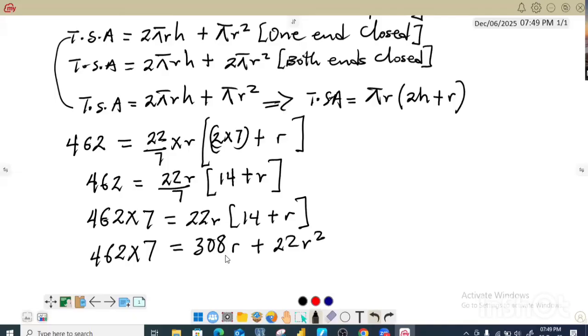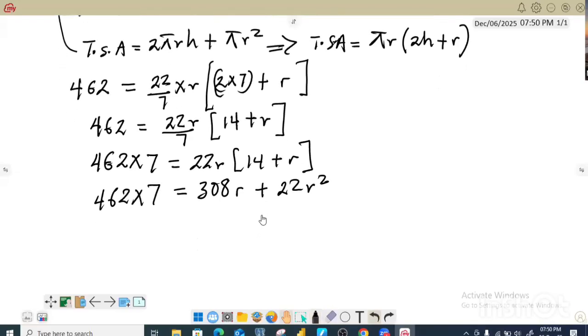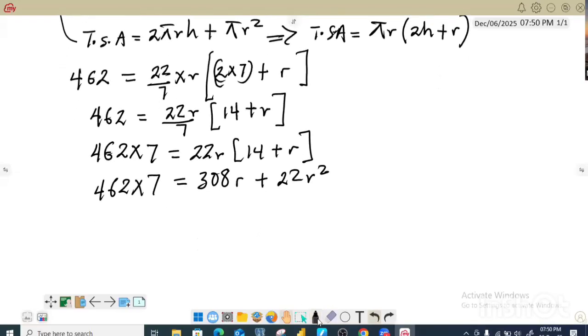Let me see what we can use to divide every side, to reduce this to something simpler. 462 times 7 will give us 3234.